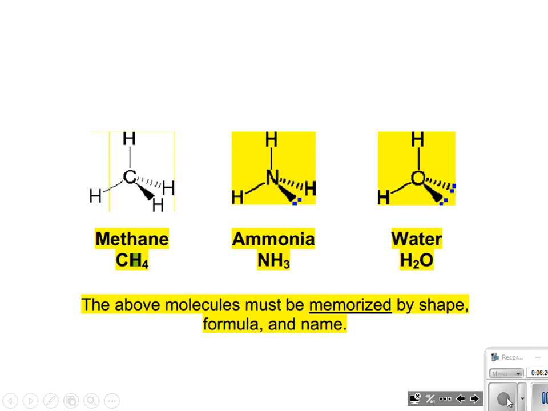Now these elements right here are ones that you need to memorize. So write those down and we will memorize these by shape, formula, and name. The very first molecule over here is methane, CH4. We talked about that yesterday, didn't we? Didn't we even draw the Lewis dot structure for methane yesterday?